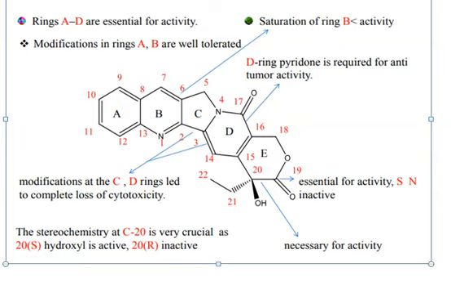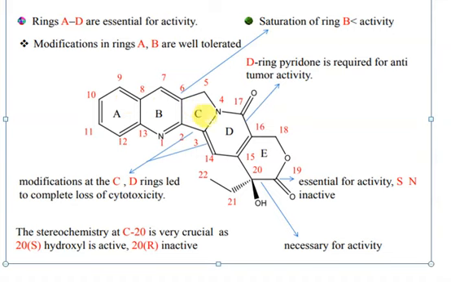So by means of these observations, now we know that we can carry out different substitutions on ring A. We can carry out different substitutions on ring B, but we must not destroy this double bond here, right? We'll see how we can modify the A ring and B ring, and how we can have the best activity, right?